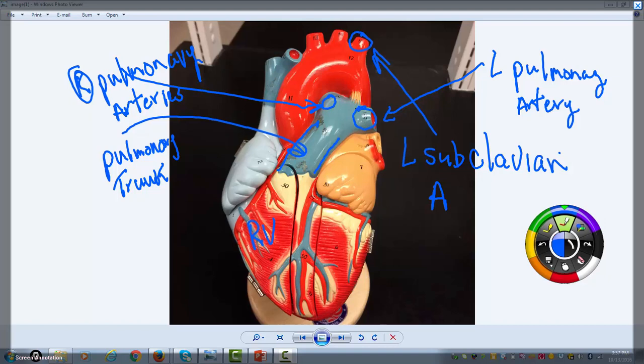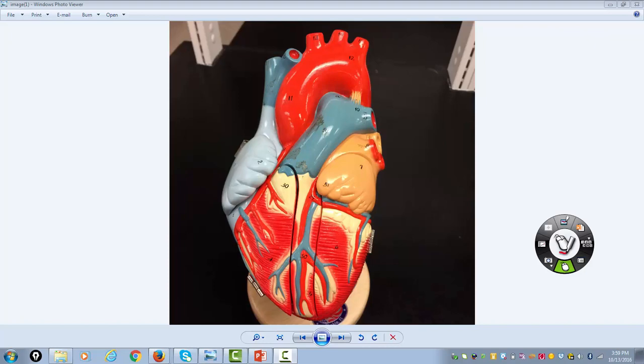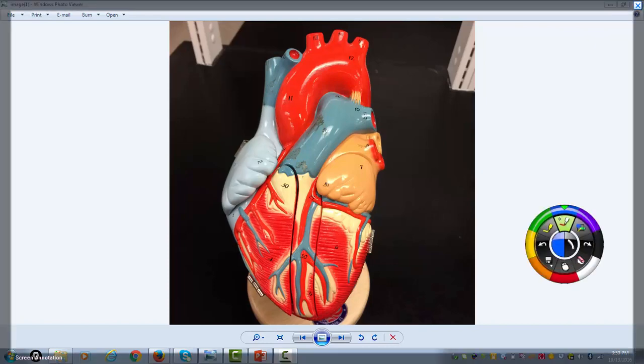Now, remember, we talked about this, that the coronary arteries that feed oxygenated blood to the heart muscle come off the base of the aorta. So here's the base of the aorta, and you have your right coronary artery and then your left coronary artery.